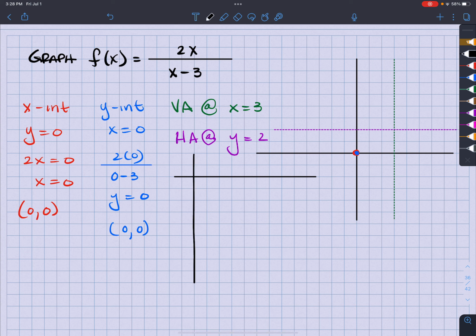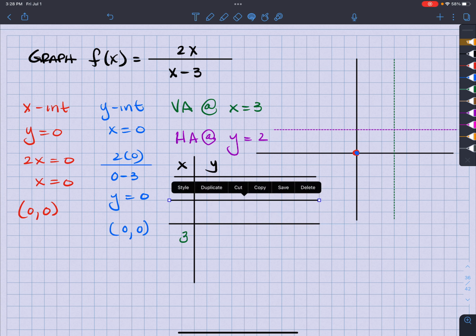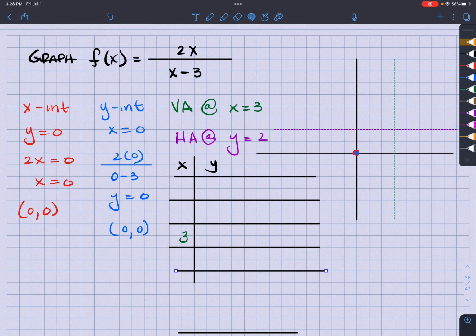around that vertical asymptote. Okay, so let me see here. The vertical asymptote is at 3, because I want the x and the y. So here, I'm going to graph 2 points to the left and 2 to the right.